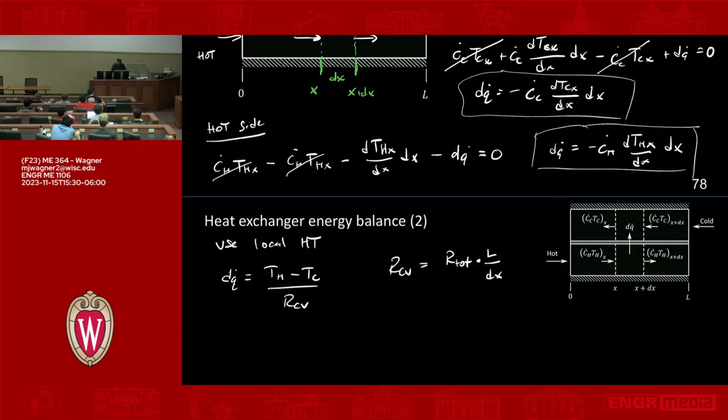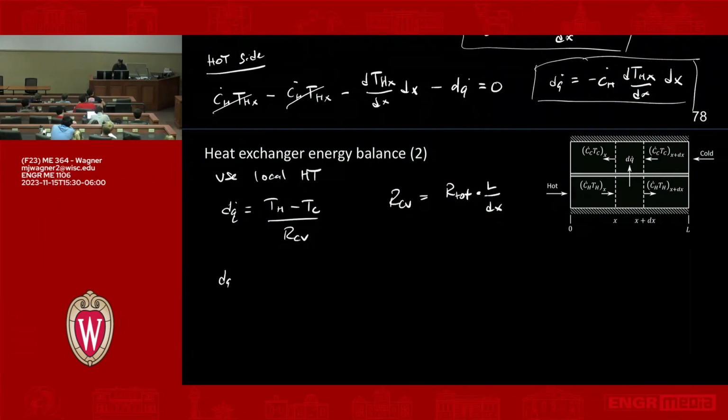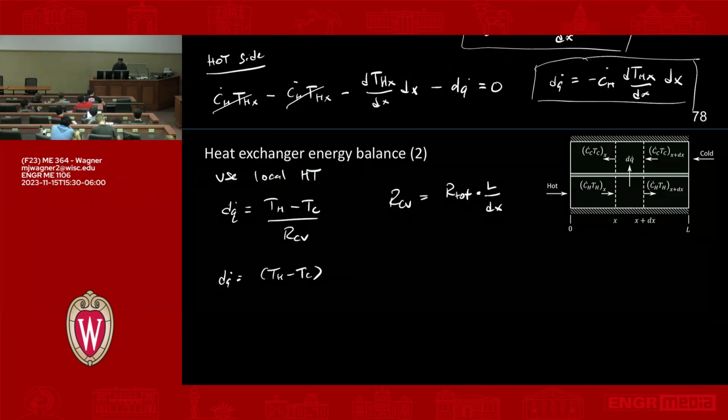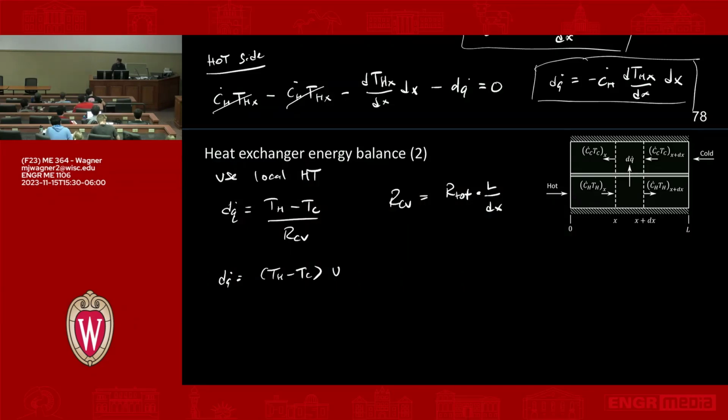Okay, once we do that, then we can write dq dot equals TH minus TC times, so now let's use the formula for conductance that we had before. So remember, conductance is 1 over R total. So this is going to be UA now times dx over L. Right? We see where it's just subbing in stuff we already have. All right, so now we can sub this into the energy balance.